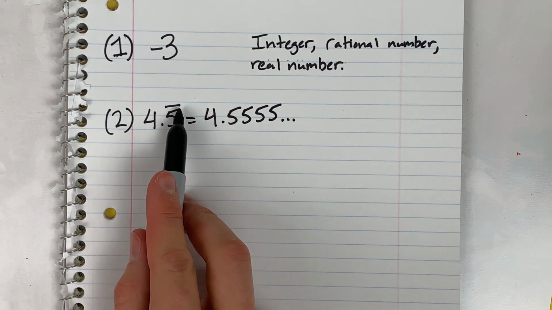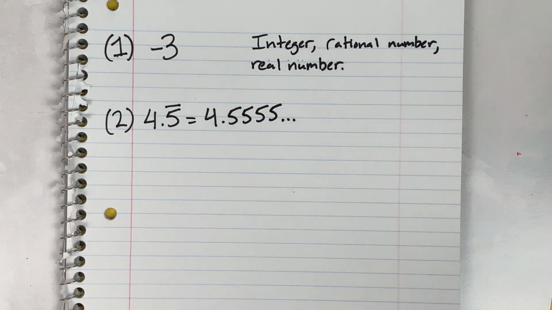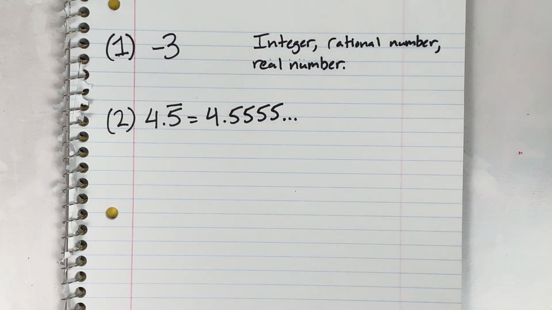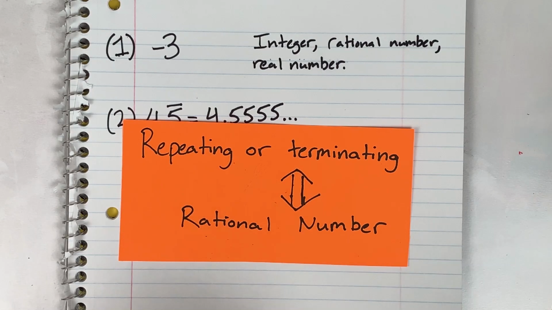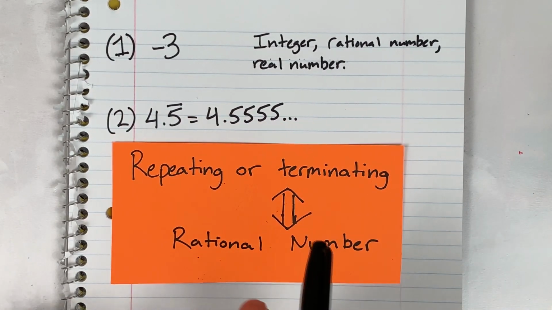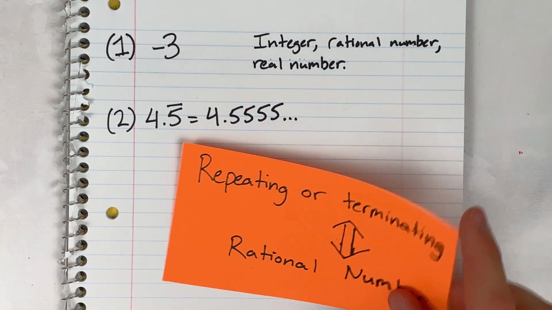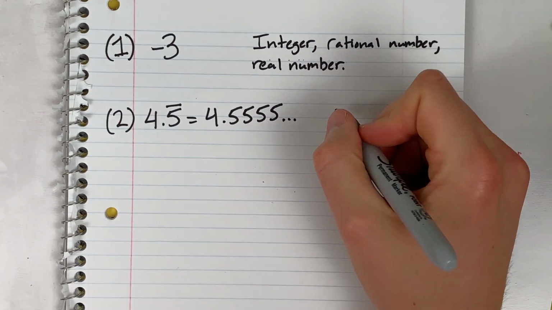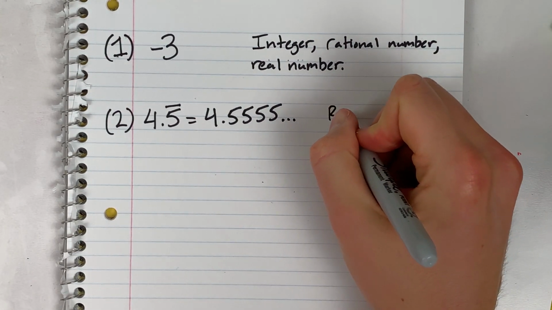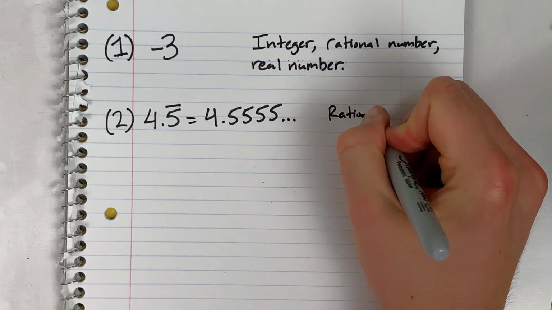That's what the bar means, to repeat that digit forever. So, what do we know about repeating decimals? Well, we know from our previous work that repeating or terminating decimals mean that the number is a rational number. So, since 4.5 repeating is a repeating decimal, that makes 4.5 repeating a rational number.